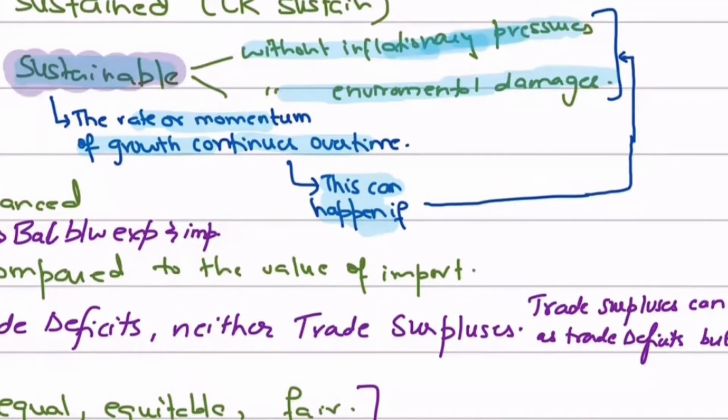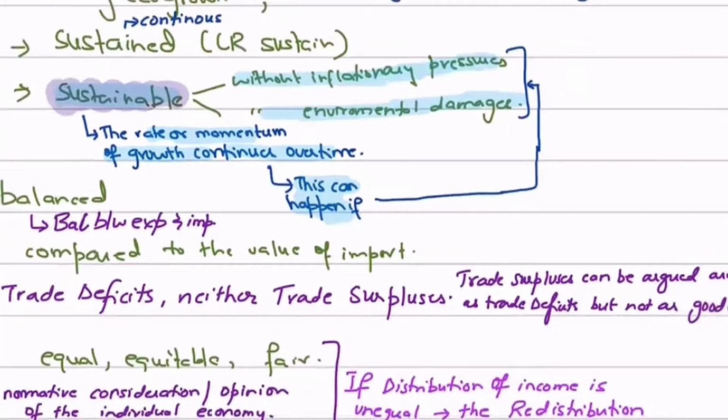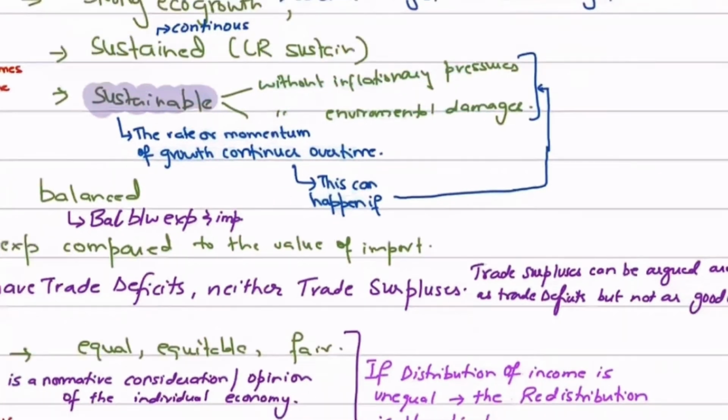There's no point in having short-term benefits when you know that there would be long-term sufferings. Such a growth is not sustainable for you. And this is a very good evaluation that you can mention in the exam, by the way, for your past papers. Okay? So that is why sustainability is such an important thing.